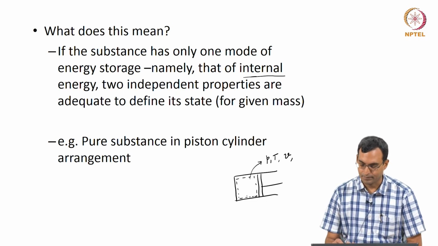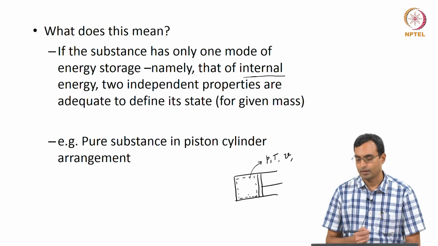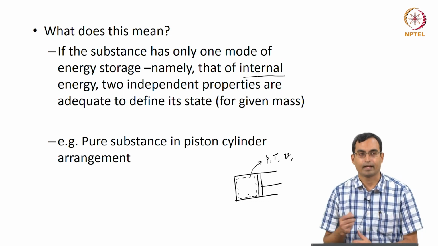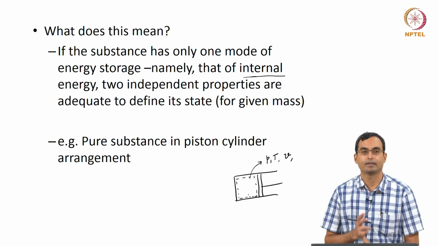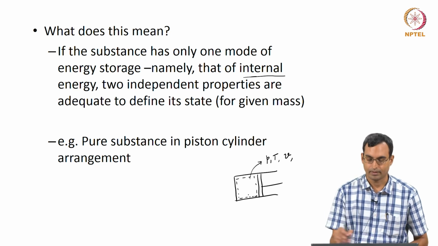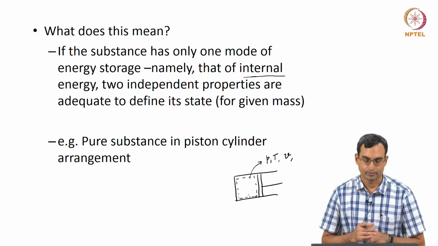I can do the same thing if this was, for example, a mixture of water and steam, or if it was some other pure substance like let us say hydrogen or so on. I can find out all of these properties given two independent properties under, of course, the assumptions that this is at rest, there are no electric magnetic forces and so on.